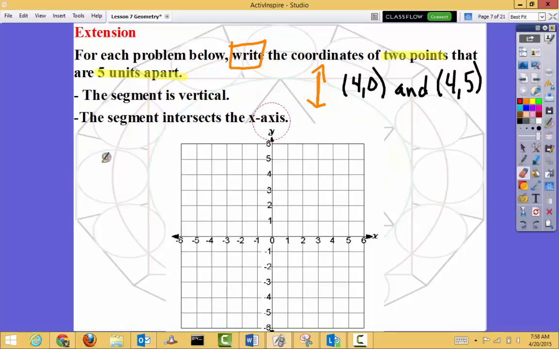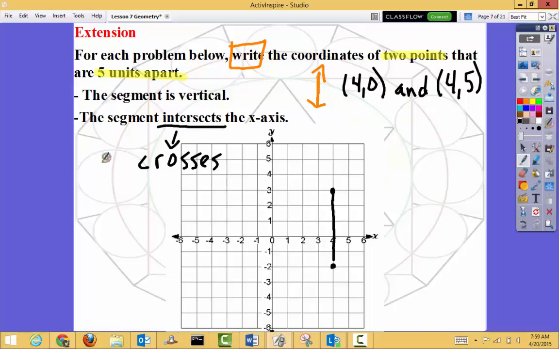Let's check this next one now. It says the segment intersects the x-axis. Well, let's take what we just did, this 5 and this 0. Let's just shift it down so that it intersects, or what? Crosses. So here's one dot and it needs to go 1, 2, 3, 4, 5.